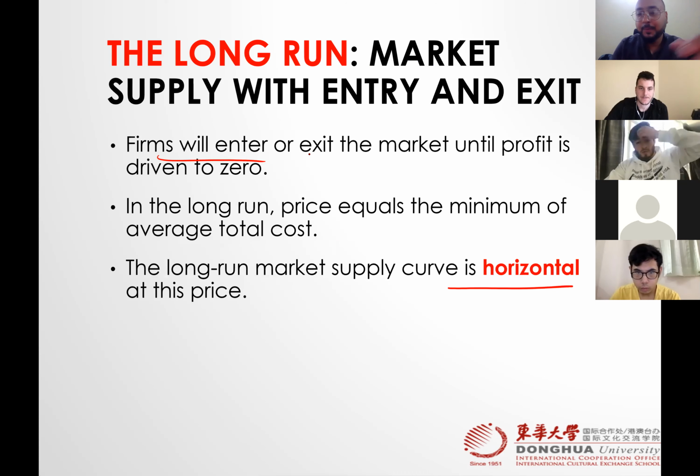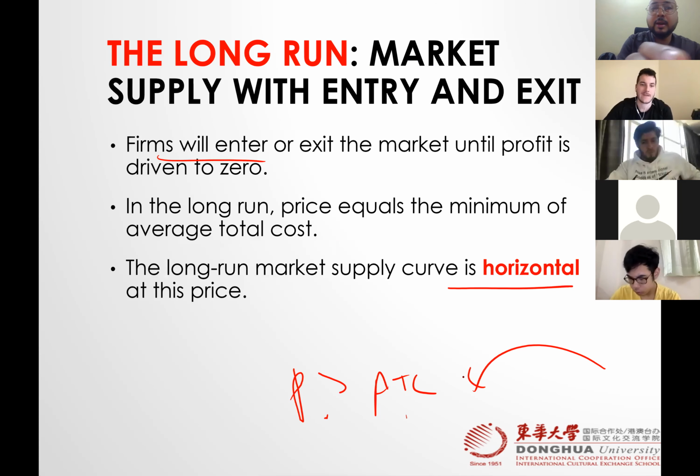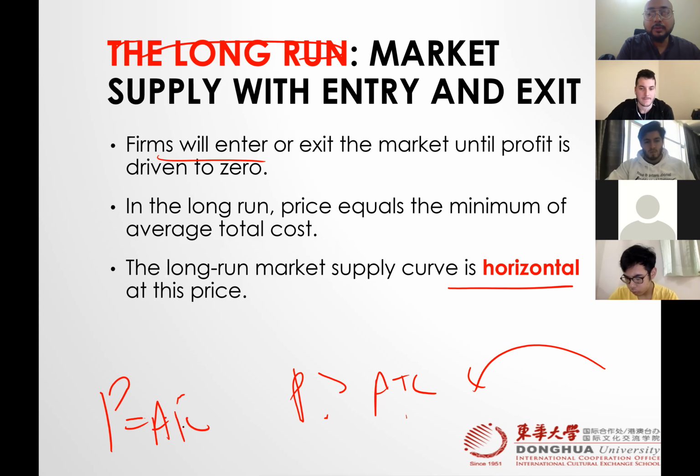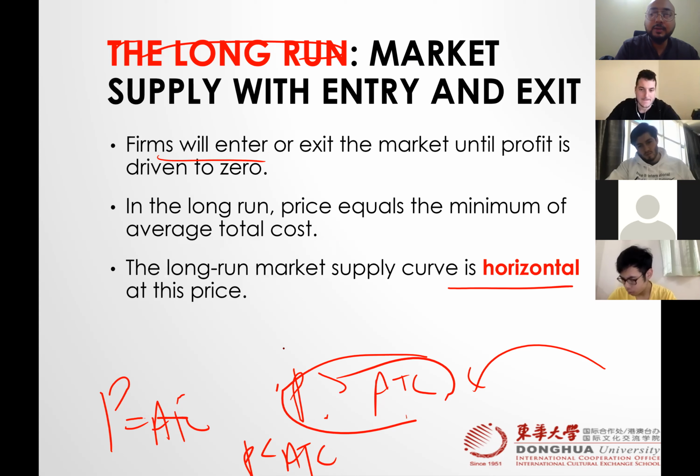So whenever price is greater than average total cost, new firms will enter the market in the long run, right? When supply increases, price goes down until price is equal to average total cost. So this is the condition where there is no entry, no exit. When price decreases below ATC, some companies will exit the market. Supply decreases, price goes up. Again, this condition triggers. When price is greater than ATC, so it is a loop.